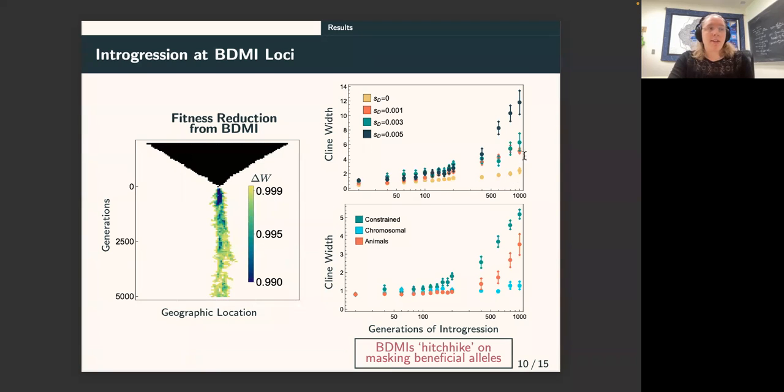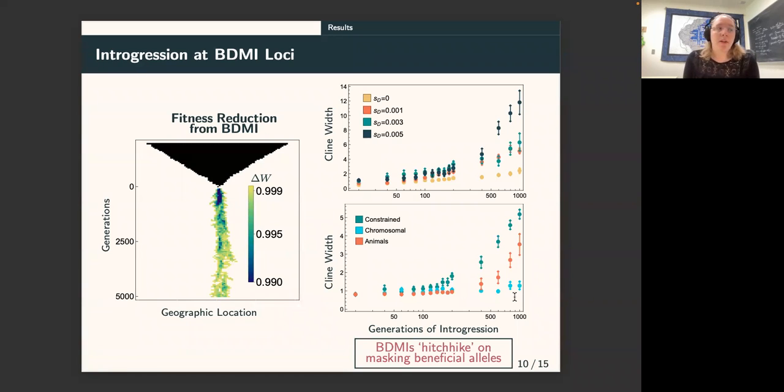And so as the strength of selection on those recessive deleterious alleles increases, the amount of linked selection on the BDMIs increases, and this helps them introgress. So parental range expansion can help break down barriers to gene flow. And the whole story depends on the pattern of recombination that we have.